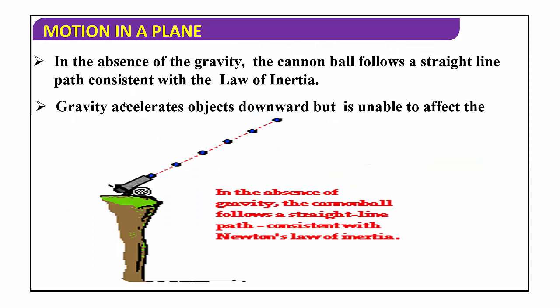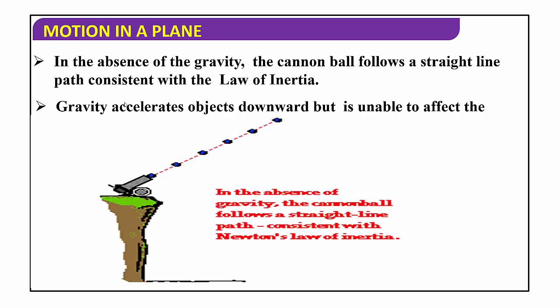Yes, observe here. In the absence of gravity, if there is no gravitational force, then the cannonball follows a straight line. That cannonball moves in a straight line when there is no gravitational force, right? Then gravity accelerates that object downward, but here it is unable to affect the cannonball.